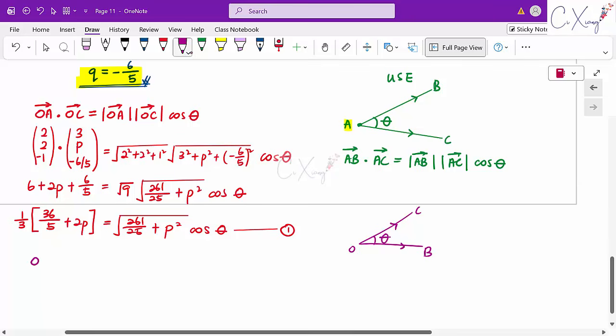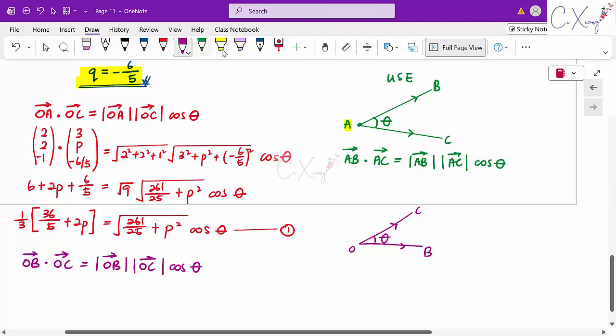My general formula will be OC dot product with OB equals to the modulus of OC, modulus of OB, then cos theta. Okay, all right. So maybe for me, I just put OB and OC, easier. I put the OC at the back. So OB dot product with OC, modulus OB, modulus OC, then cos theta.